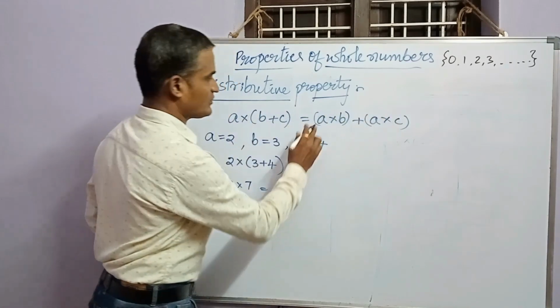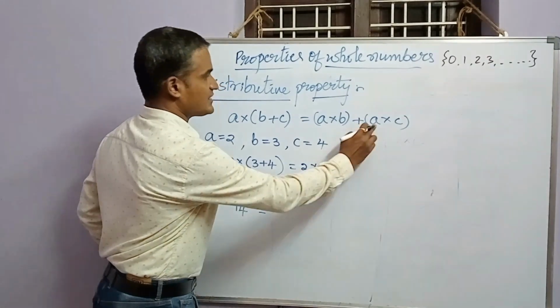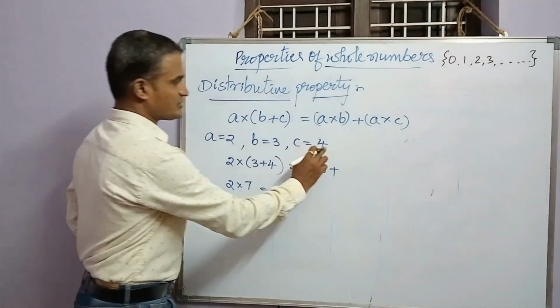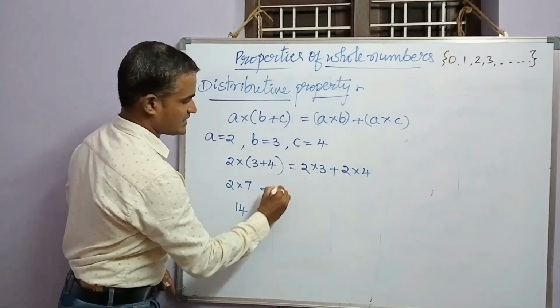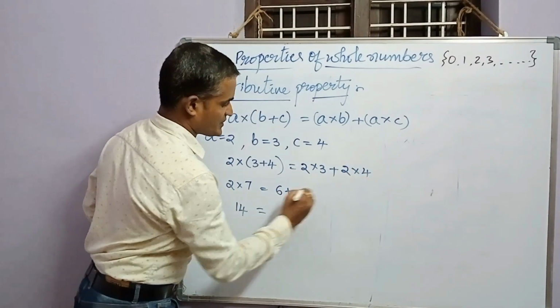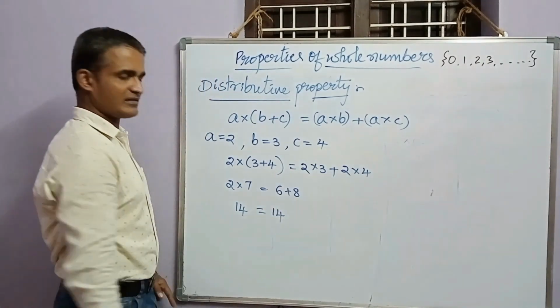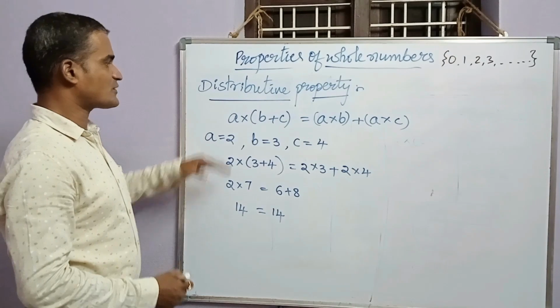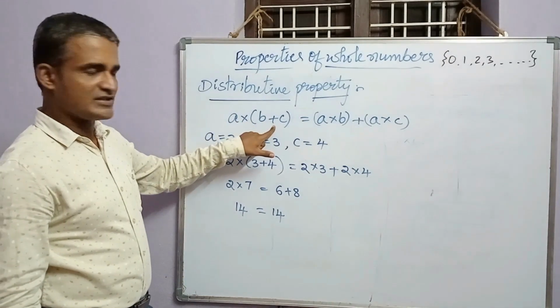The right hand side is a into b plus a into c: 2 into 3 plus 2 into 4. 2 threes are 6 plus 2 fours are 8, so 6 plus 8, the answer is 14 again. This is called the distributive property of multiplication over addition.